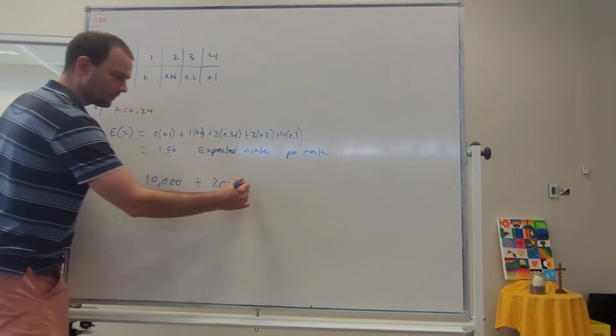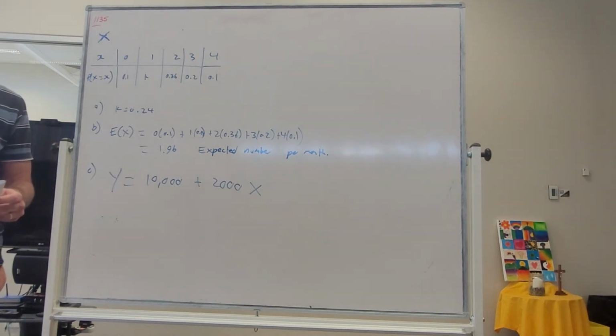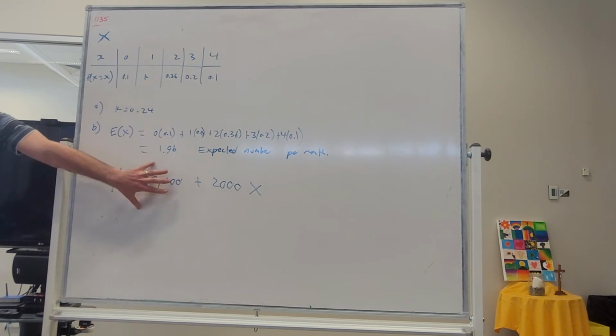And the variable for the number of cases he solves is X. So to find E of Y, expressing Y in terms of X is done, that's our equation for Y.